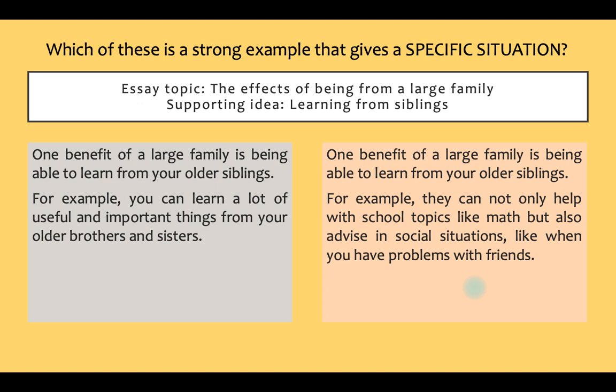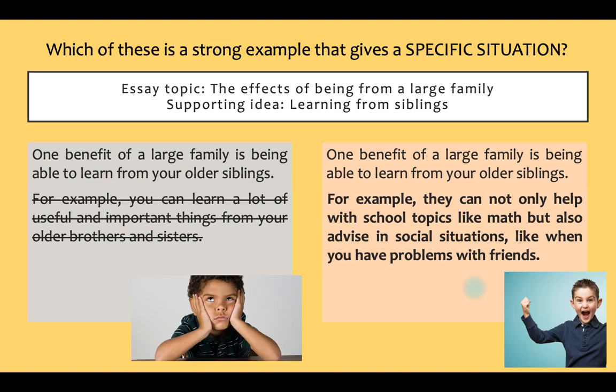So which of these do you think is a stronger example that gives specific situations? I hope you agree that the one on the right is more specific. Yes, here we have useful and important, and that is saying something different from what's being said here, but it's not making it any more specific.